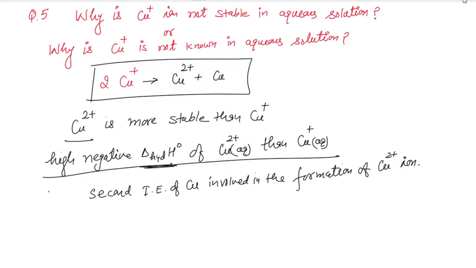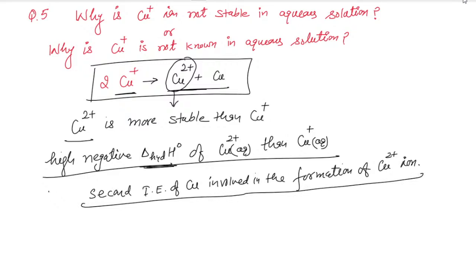Okay, beta. See, copper 1+ disproportionates in aqueous solution. Why? Because enthalpy of hydration of copper 2+ is more negative than that of copper 1+, which is more and which compensates the second ionization enthalpy of copper, which is involved in the formation of copper 2+.